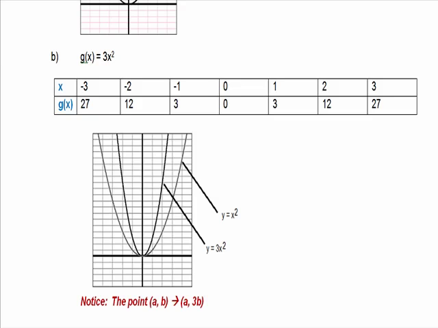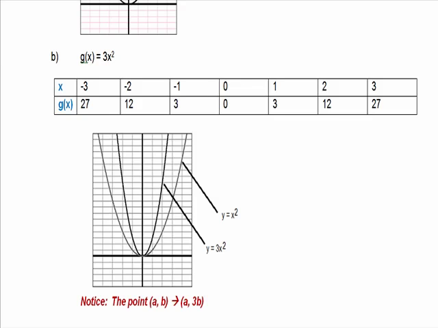Notice the effect, if I look at the table, is it has no effect whatsoever on the x's. But it took each of the y's and multiplied it by 3. This makes sense because the 3 is out in front of the original x squared, so that looks like an outside change, and remember, outside changes affect the y's.